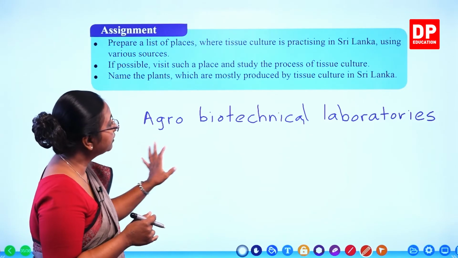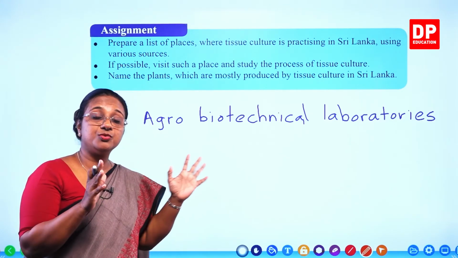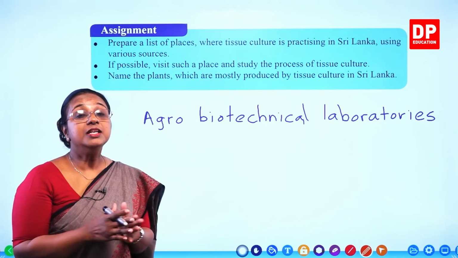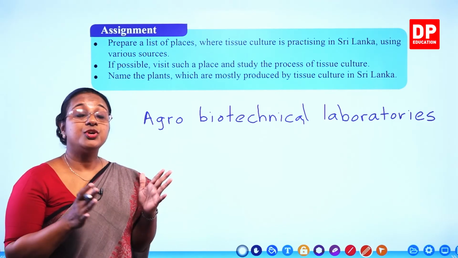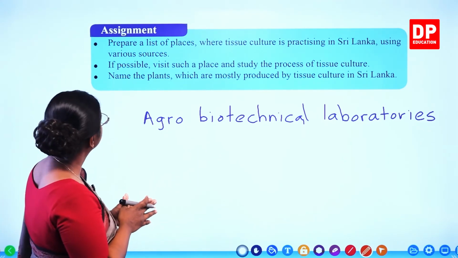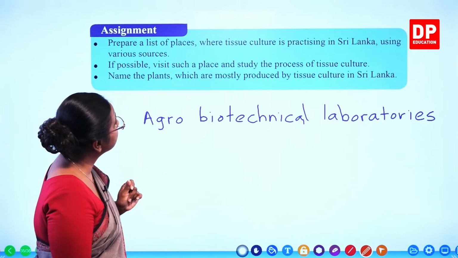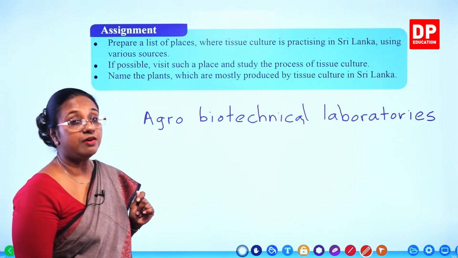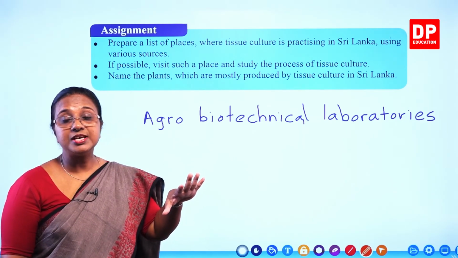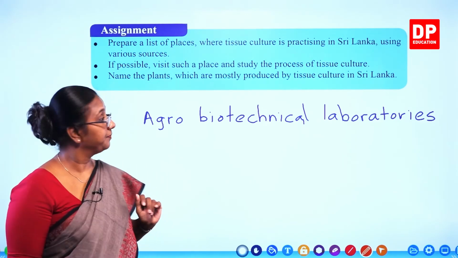That's why agro-biotechnical laboratories usually carry out this cloning process or the tissue culture process. So, you all can find out what places carry out these processes. If possible, visit such a place and study the process of tissue culture. If you go there, you can have a look at the process and how it is being done.